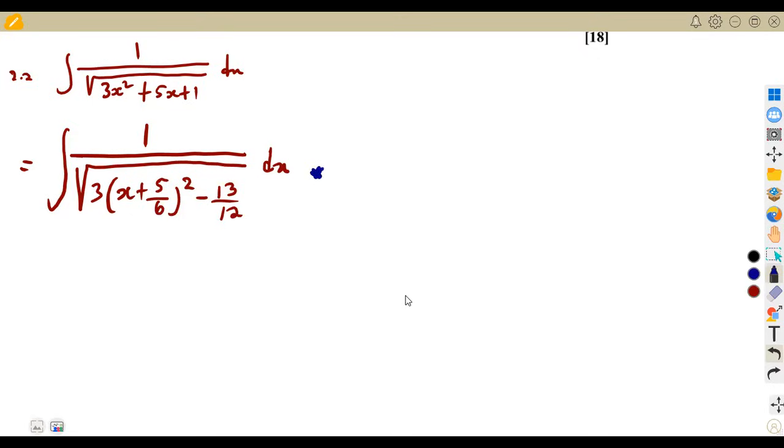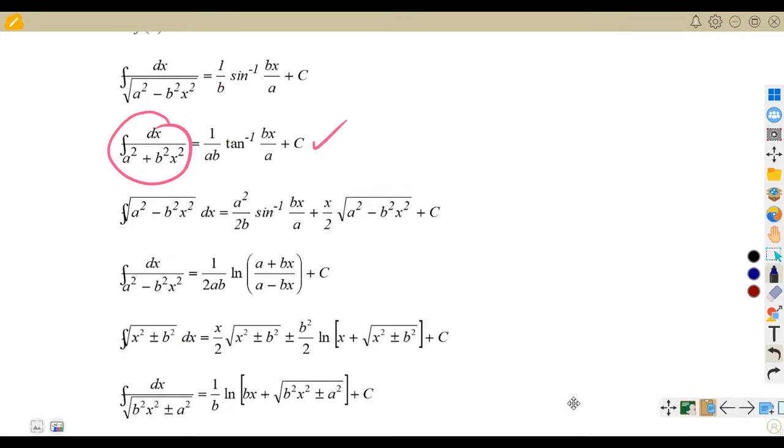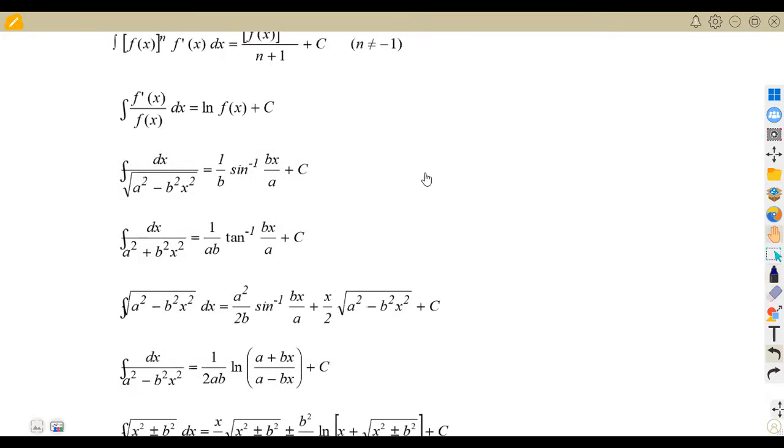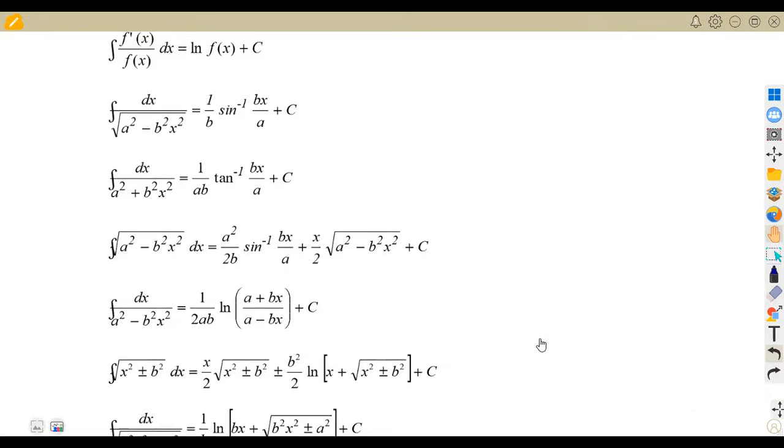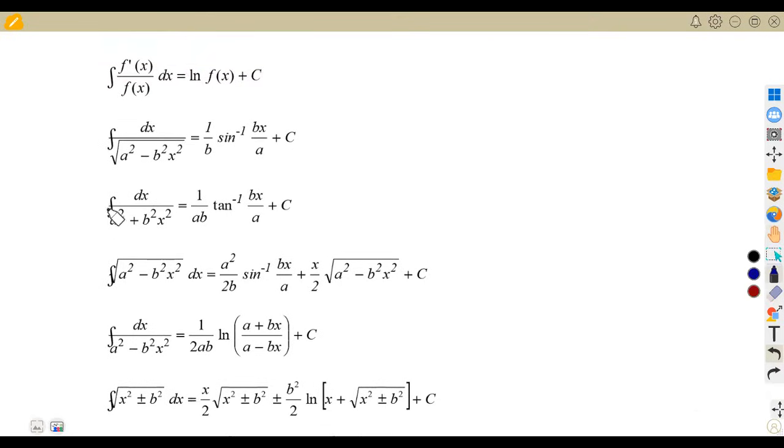Always, on a condition that you are working with the completing of the square method, you go back to your formula sheet on page number 4. I'm going to explain this. This is the page that we have here on page number 4. On your formula sheet on page number 4, you are going to see these integrals that are listed from this integral here down to the last one here.